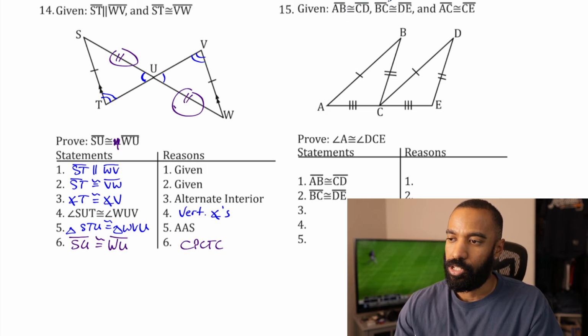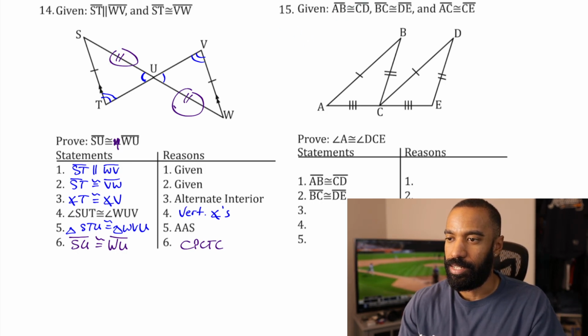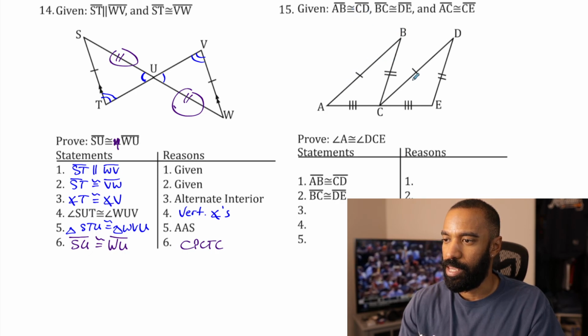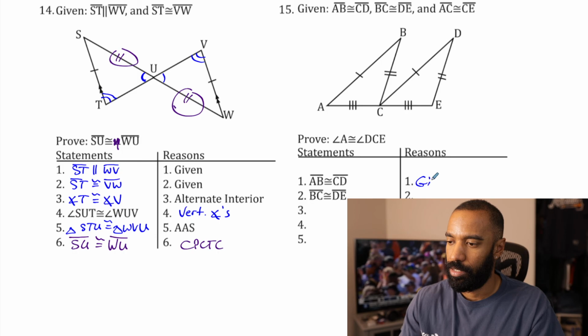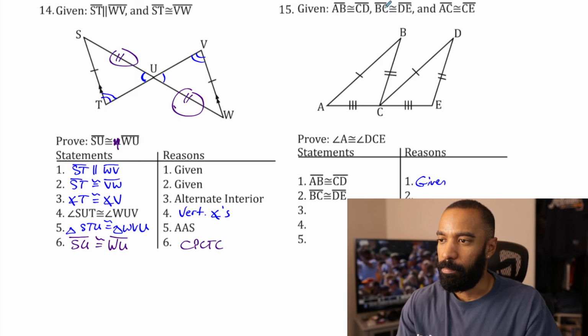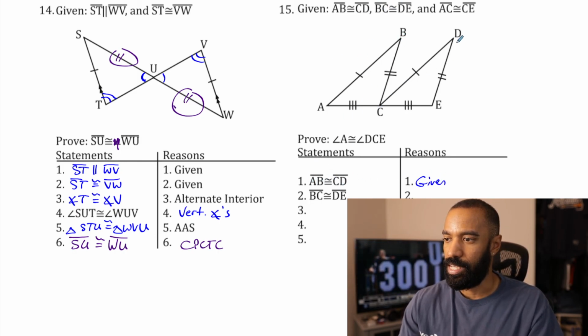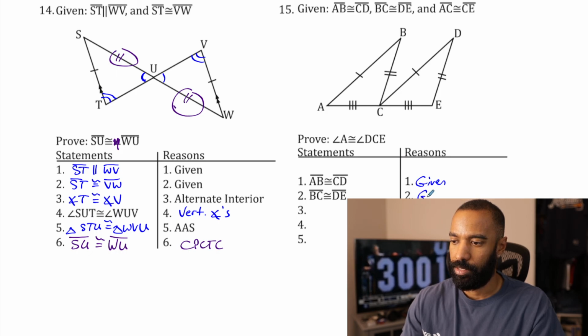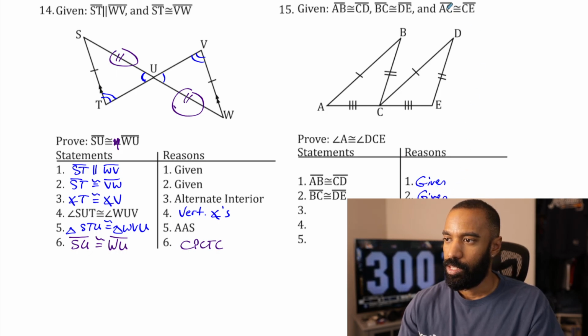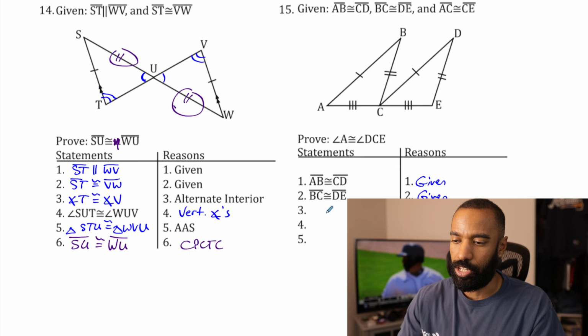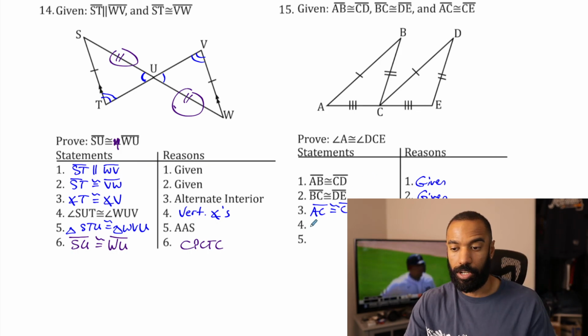Segment AB is congruent to segment CD. Boom. Given. Segment BC is congruent to segment DE. Also given. Given, segment AC is congruent to segment CE. Triangles are congruent by side, side, side.